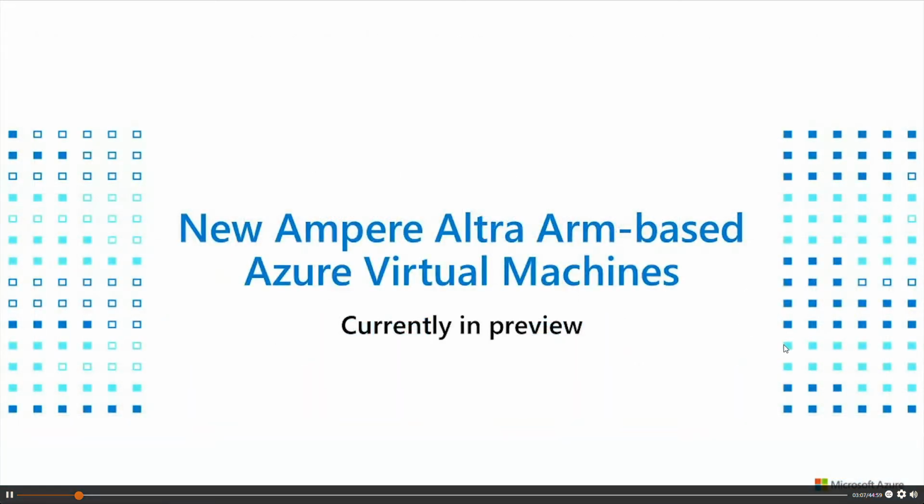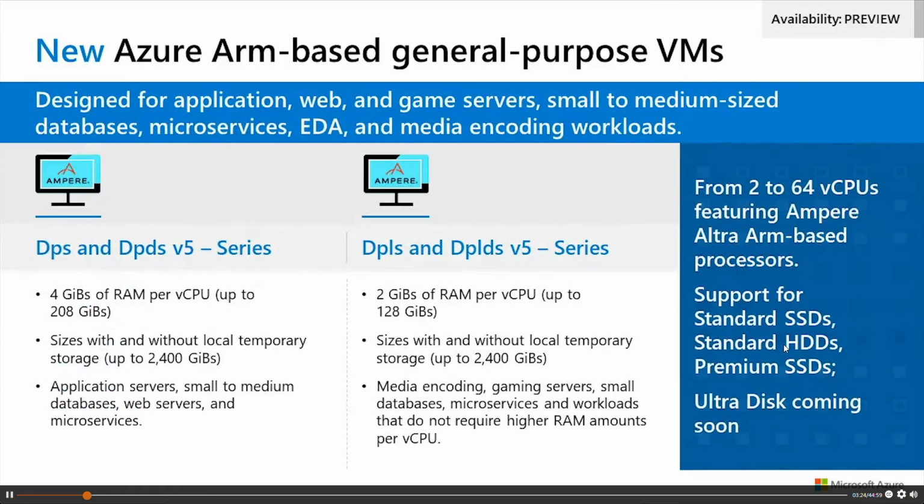We aim to provide customers a choice of processors and GPUs that best address your workload requirements, including a new choice of Ampere Ultra ARM-based VMs. We're proud to introduce Azure's new and first ARM-based general purpose VM types, the DPS and DPLS series. These VMs are designed for application, web, and game servers, small and medium-sized databases, microservices, EDA, and media encoding workloads.